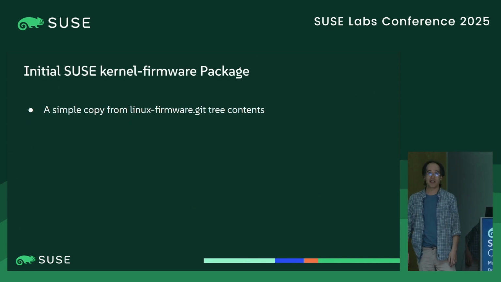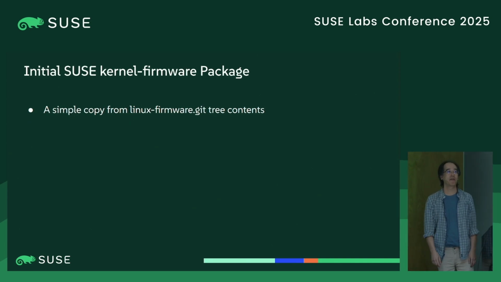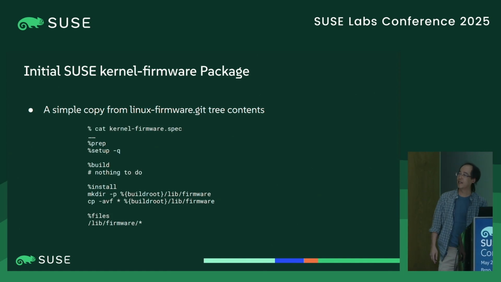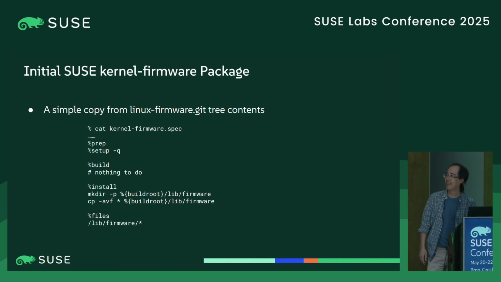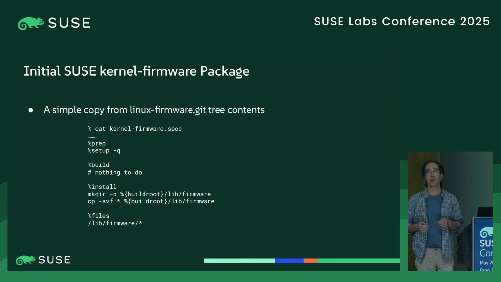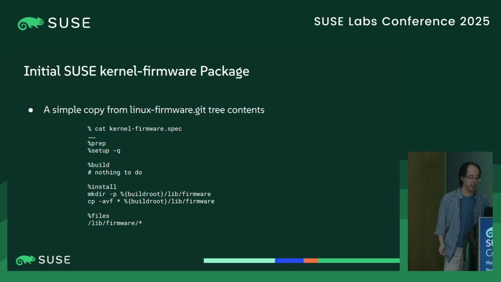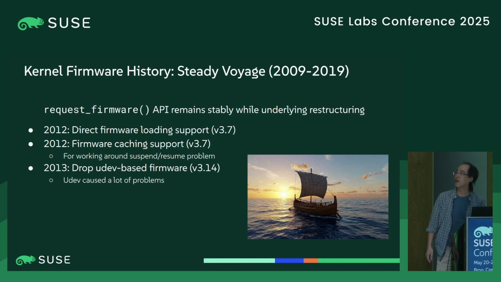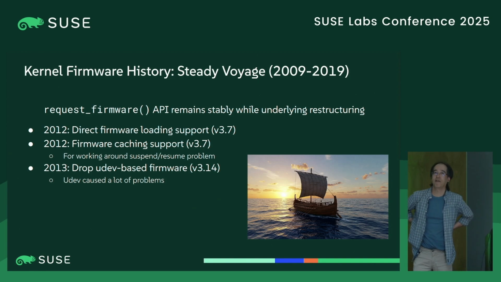Our packaging initially was also very, very simplistic. Just copy all the data under lib firmware. Later on, there were some more cleanups to not include unnecessary files and so on. But basically, it remained the same for a long time. So this is a steady phase.